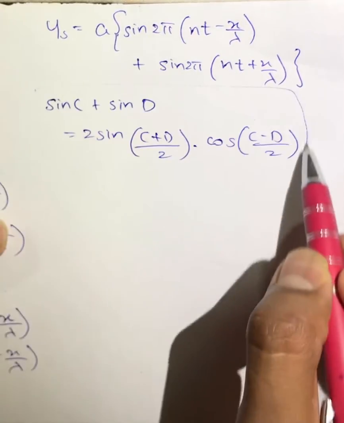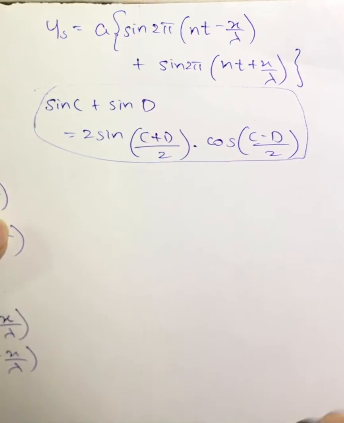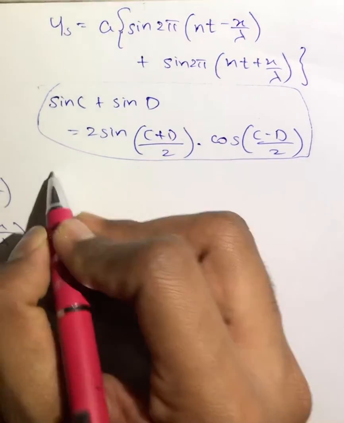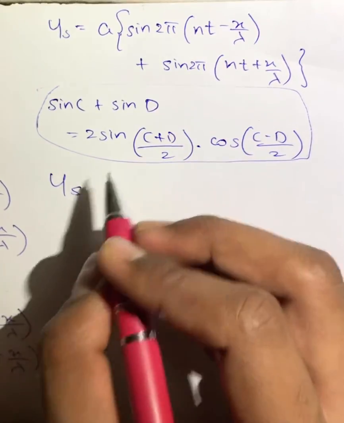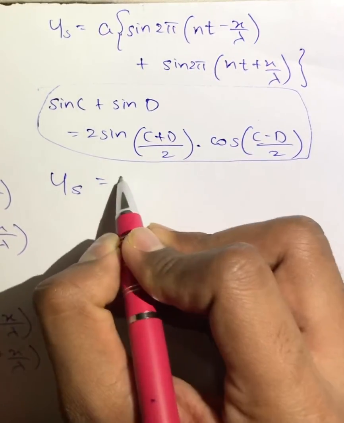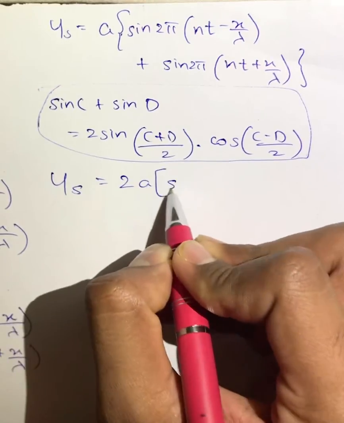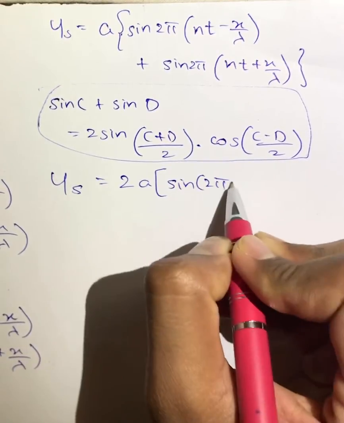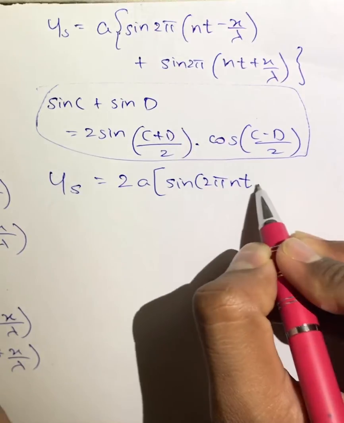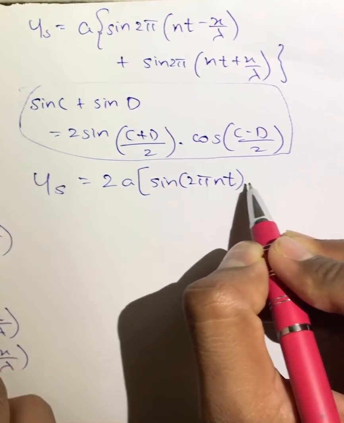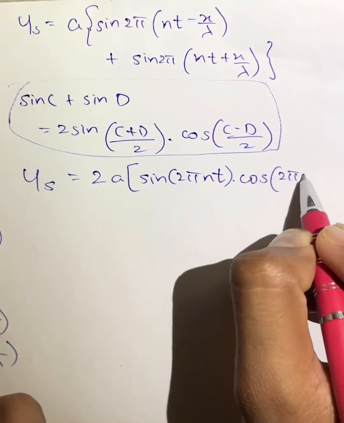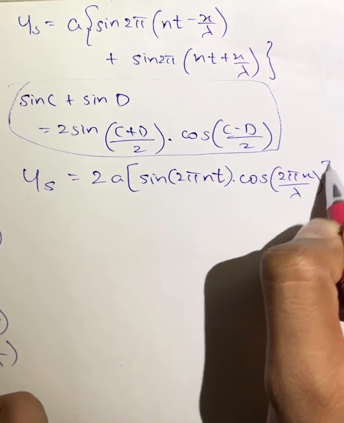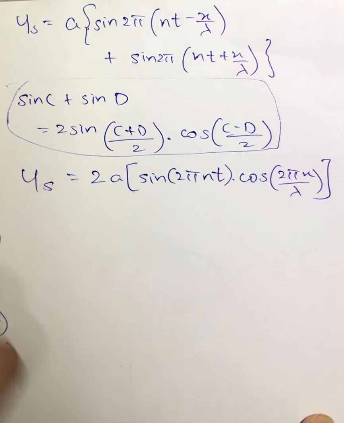So this is the formula which we use in this equation. Now what we get after adding the sine terms is y equals 2a sin 2 pi nt into cos 2 pi x upon lambda. So this is what we get.